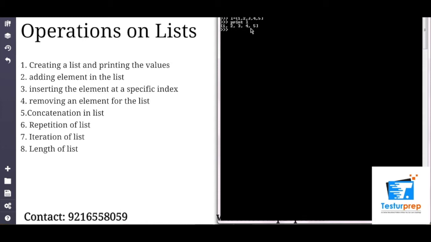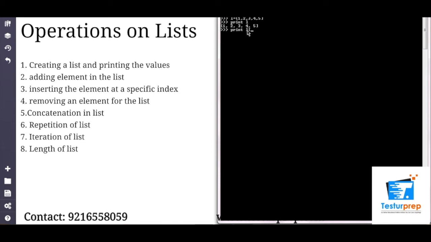Now suppose I want to print a specific value. For example, I want to print value 4 from my list. How will I do that? I will write print, give the name of the list, whatever the name of my list is, and enter the index of whatever value I want to print specifically.